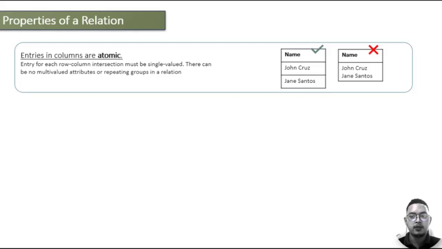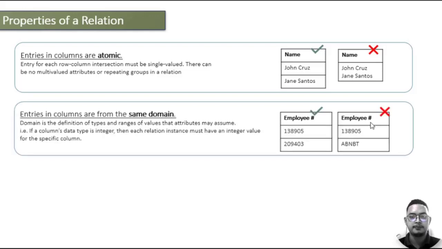The key benefit of this property is that it simplifies data manipulation logic. In our example, the name column should contain the name of an individual person, and not a list of persons' names, like this one.